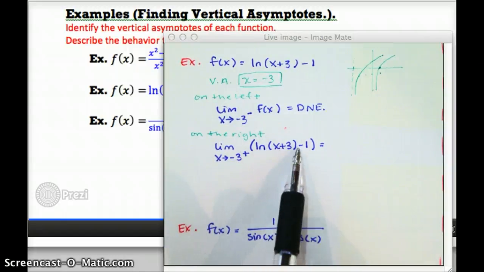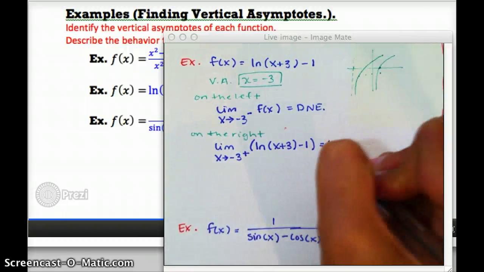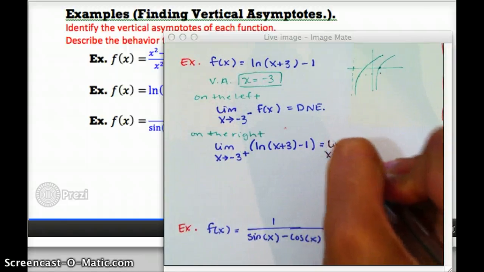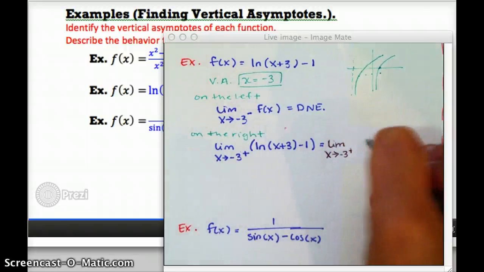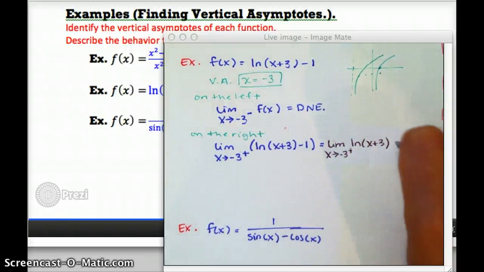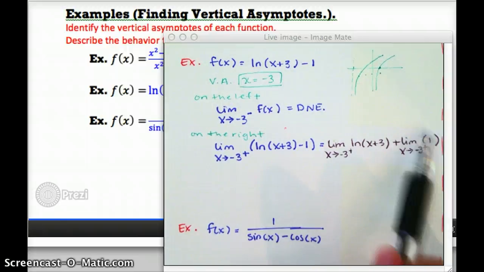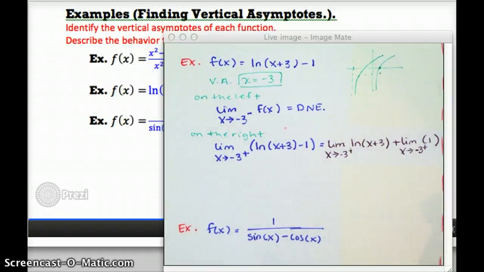However, I can split my logarithm into the limit as x approaches -3 from the right-hand side of ln of x plus 3, plus the limit as x approaches -3 from the positive side of 1. And the nice thing is that this second limit is the limit of a constant. We know what that is.